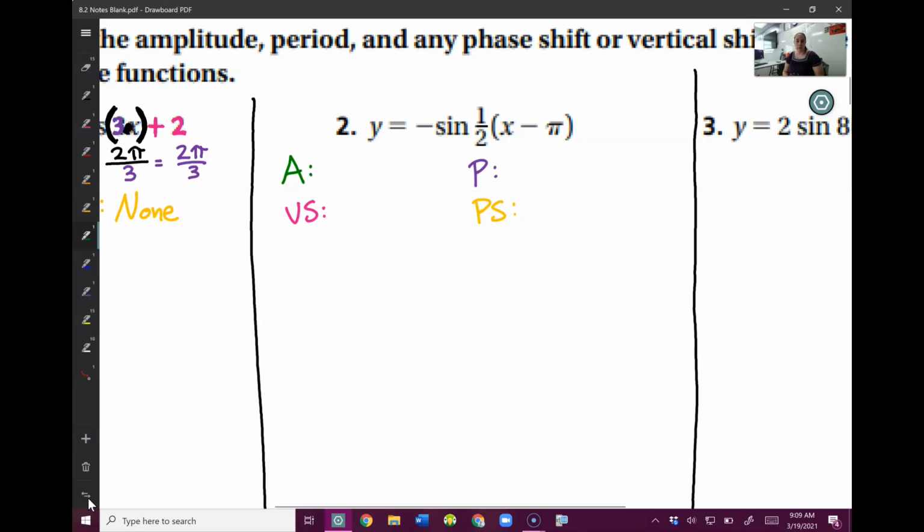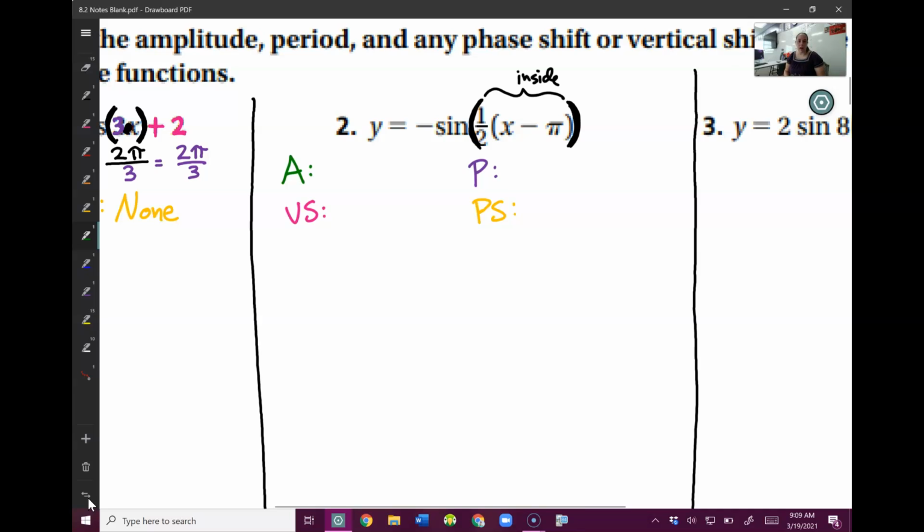Amplitude is multiplying on the outside. Oh, sorry. Let's do this first. Once again, they forgot a set of parentheses. Told you I don't really like this worksheet because of that. So there is an extra set of parentheses right there. So that is all considered inside. Everything else is outside. Okay, now let's try again.